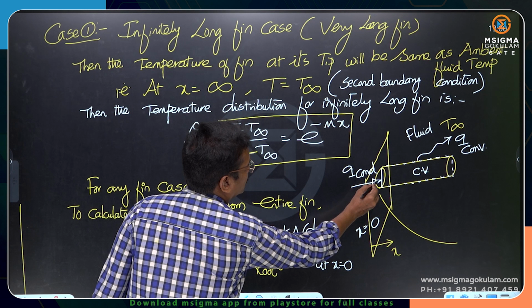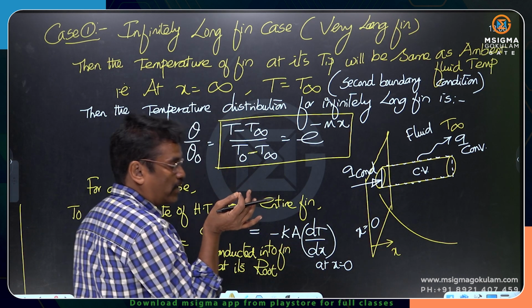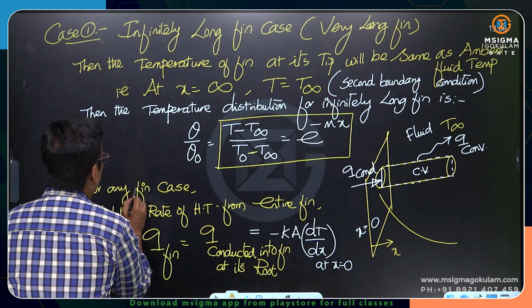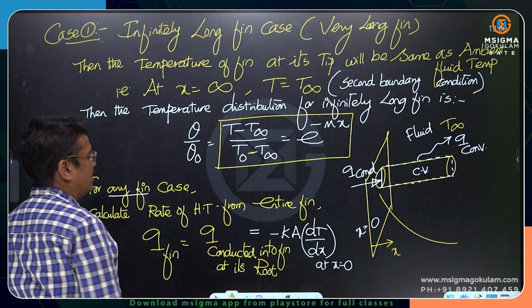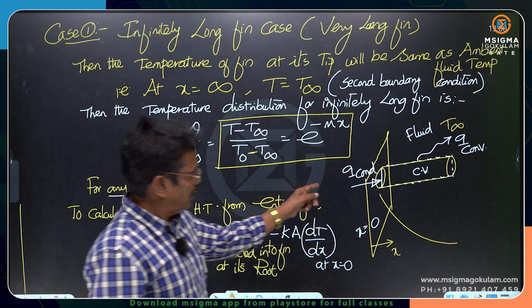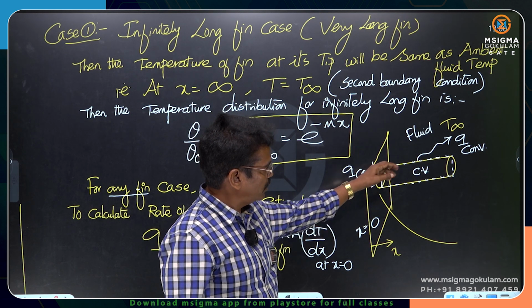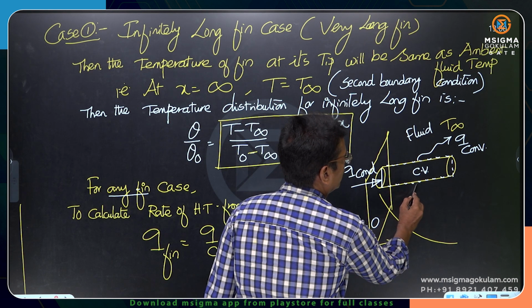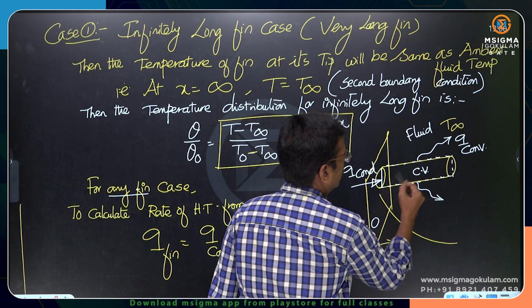I repeat the statement once again: for any fin case, heat conducted into the fin at its root should be equal to the total heat convected from the entire surface of the fin to the fluid.